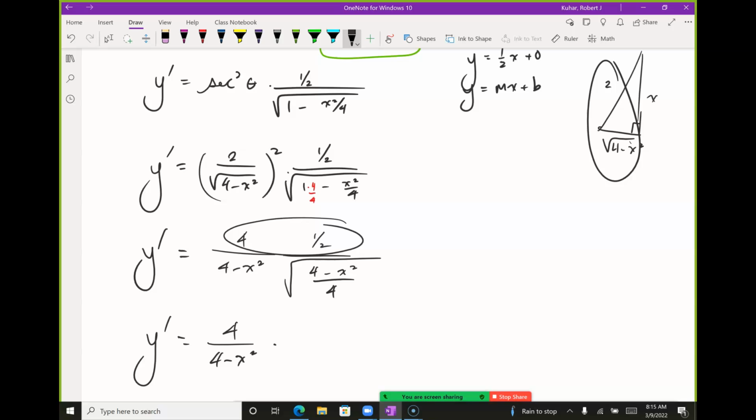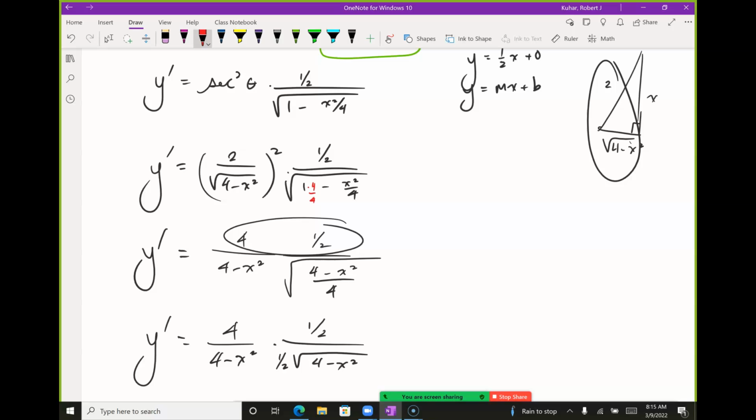And in fact, you don't have to do your algebra the way I do mine. You don't have to do your arithmetic the way I do mine. You just got to do it correctly. And so I still have a 1/2 over the square root of 4 minus x squared. But that 4 came out as a 1/2, because the square root of 4 is 2, so the square root of 1 over 4 is 1/2.